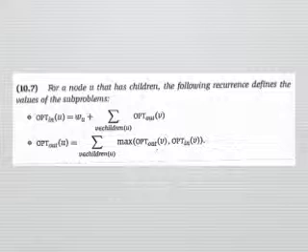OPT_in(U) equals WU plus the sum of OPT_out(V), summing over all V in children(U). OPT_out(U) equals the sum of the maximum of OPT_out(V) and OPT_in(V); after we take the maxima, we do the summation, summing over all V in children(U).